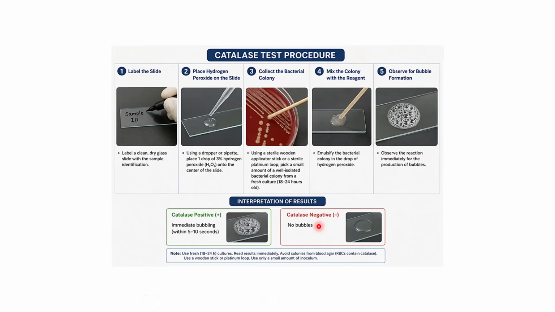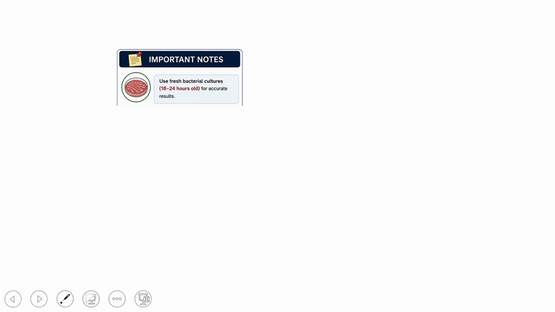Some key information that we have to note when performing these tests is that we are supposed to use fresh cultures and read results immediately, and we should also avoid colonies from blood agar since red blood cells contain catalase. Important notes to consider when performing the catalase test. 1.